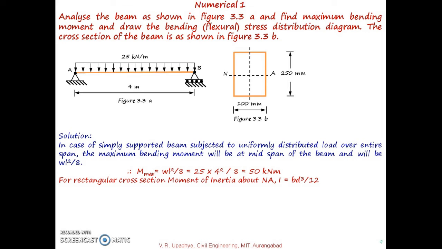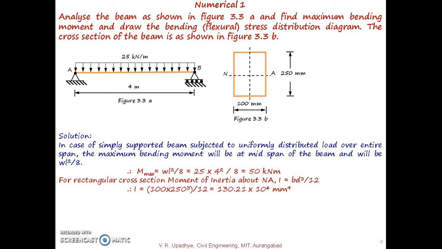So for a rectangular cross section, the moment of inertia about the neutral axis is I equal to BD cube divided by 12. This you are aware about. If it is a rectangular cross section, the moment of inertia about centroid is BD cube by 12.